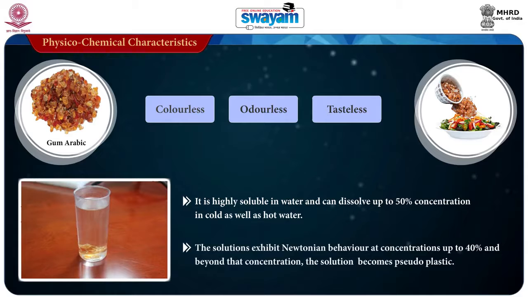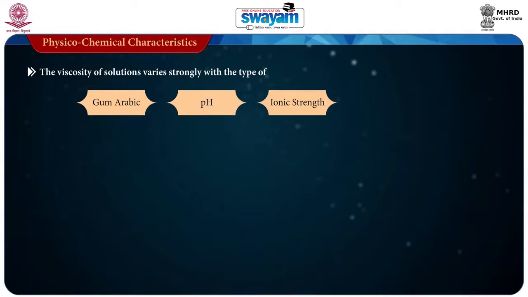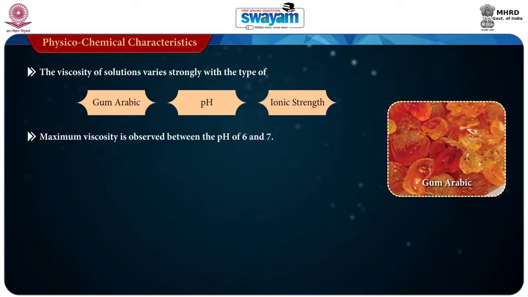The solution exhibits Newtonian behavior at concentrations up to 40%, but beyond that the solution becomes pseudoplastic. The viscosity of the solution again varies with the type of gum arabic and also with the pH and the ionic strength. Maximum viscosity is observed between pH 6 to 7 and therefore this viscous solution acts as a protective colloid and a natural emulsifier.